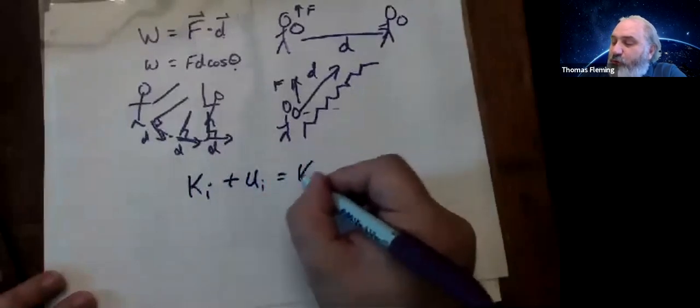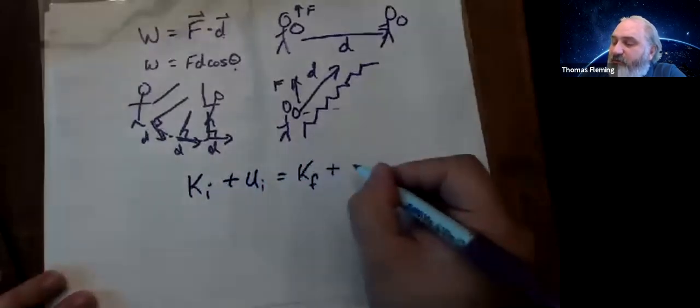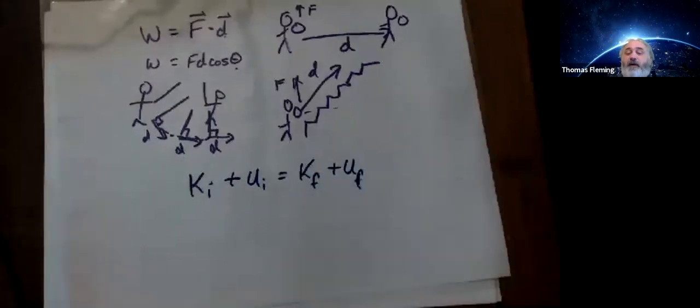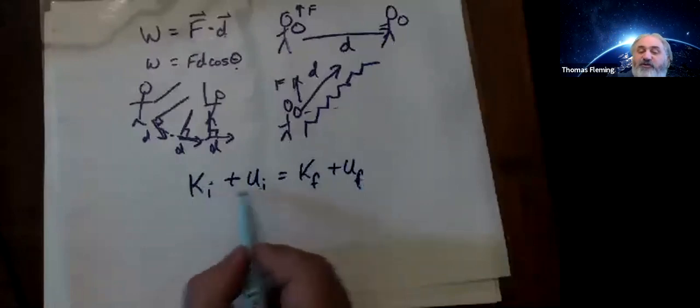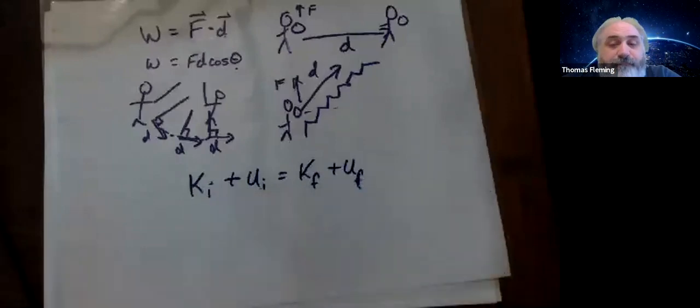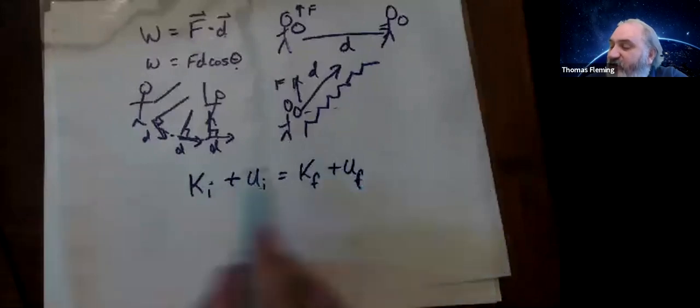And if that's true, the following statement ought to be correct. This is the total mechanical energy that I start with. This is the total mechanical energy that I finish with. So if there are no non-conservative forces, I can make that statement.